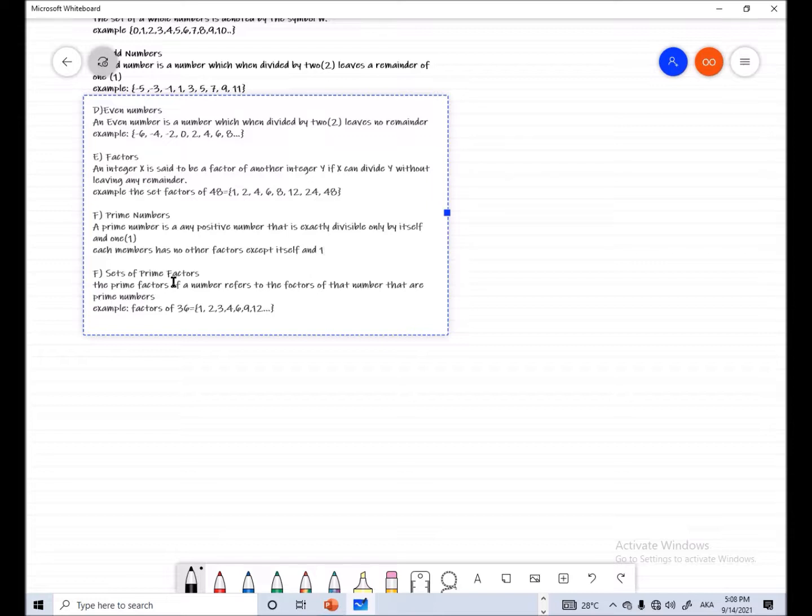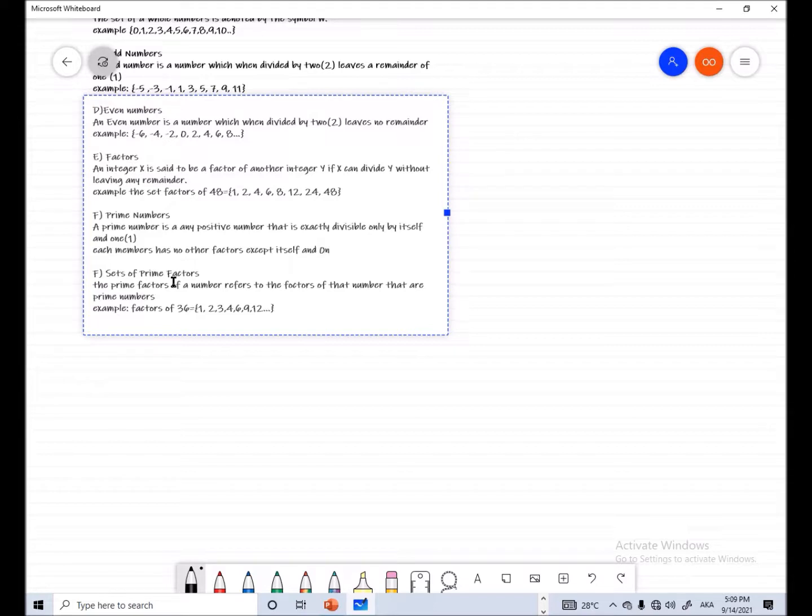So a number that can be divided only by itself is a prime number, or a number that has no other factors except itself and 1.